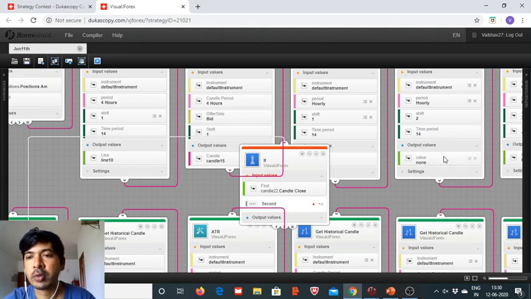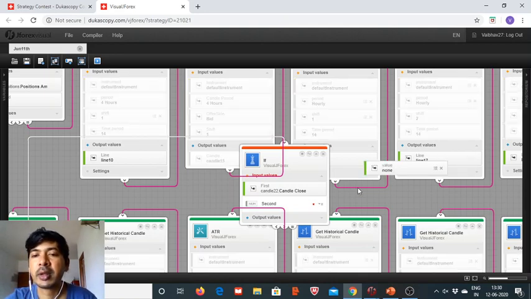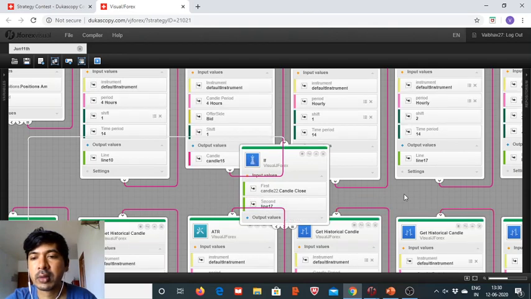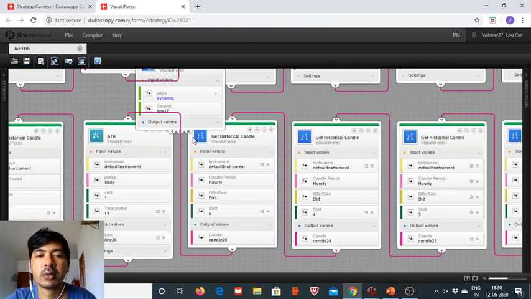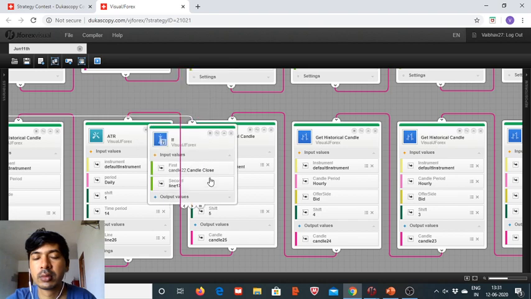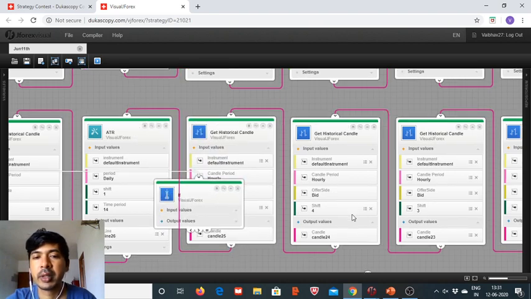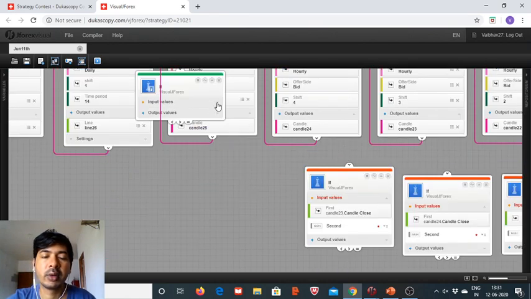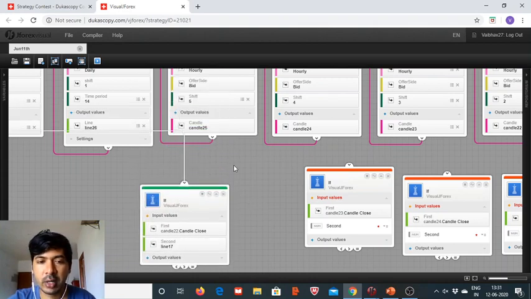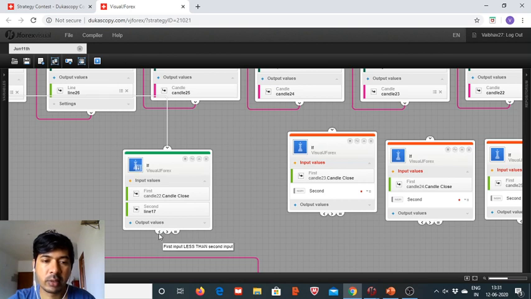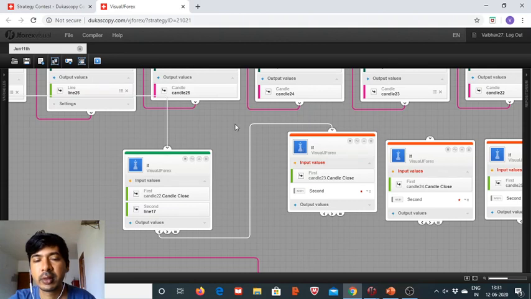So here also this is the linear regression intercept value of 2 hours back, and we will be comparing the respective hour's closing level and the respective hour's linear regression intercept value, and it should be less. So here we take this as first input less than second input.